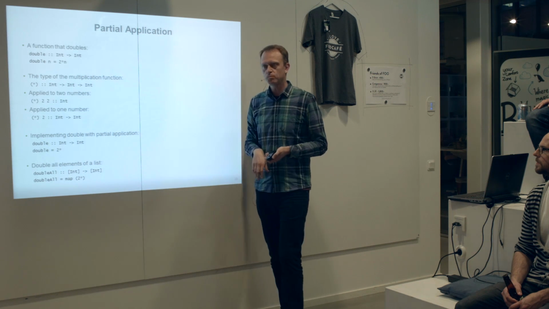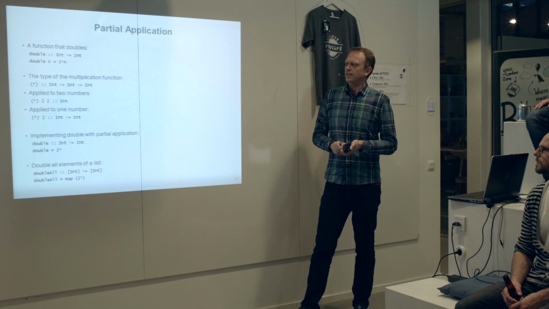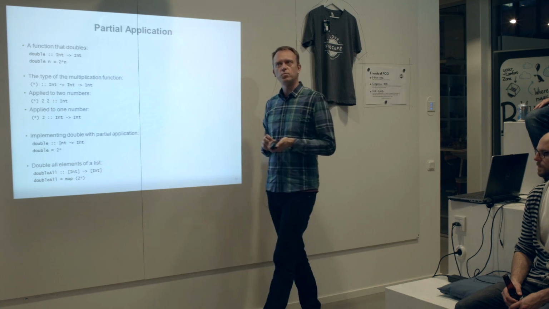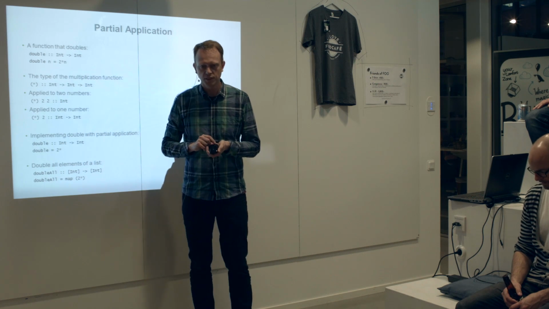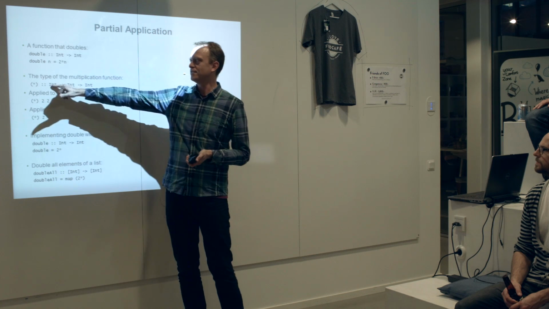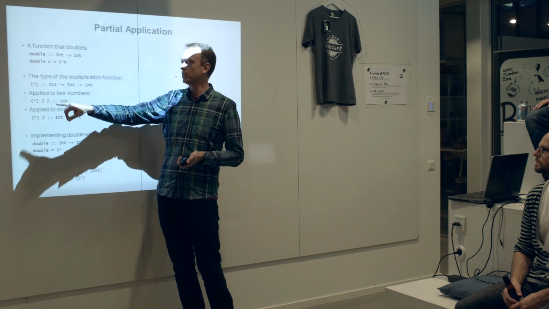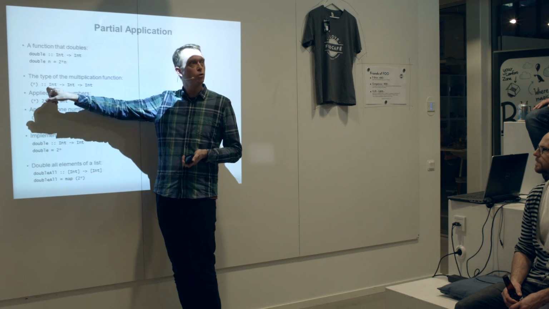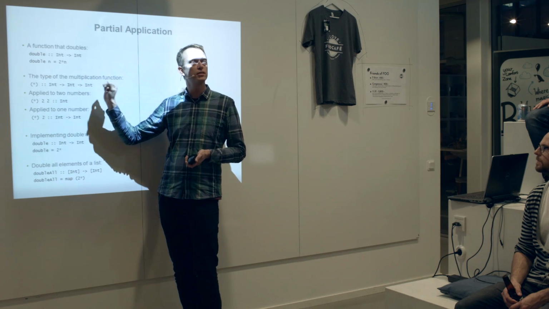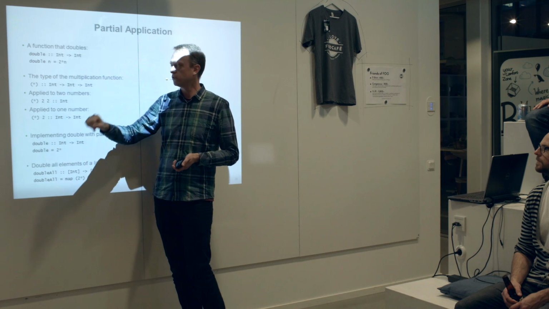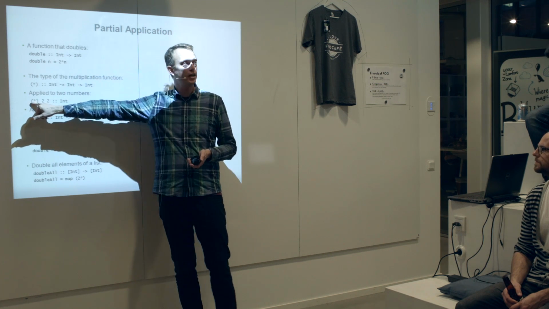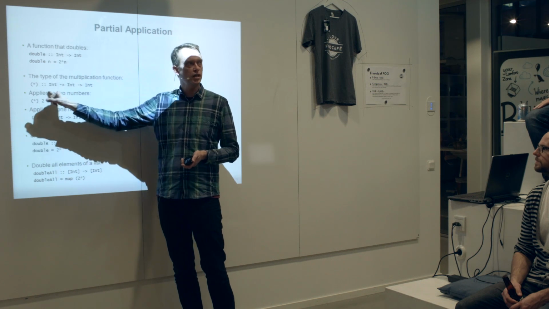Now, types in Haskell are special. You can look at all functions as being of a type that just takes one value. So in this case, it looks like it takes two values, but if you only provide the first value, what you end up with is a new function that takes an int and returns an int. If I look at the type of this application where I provided both values, that expression would have the type int.